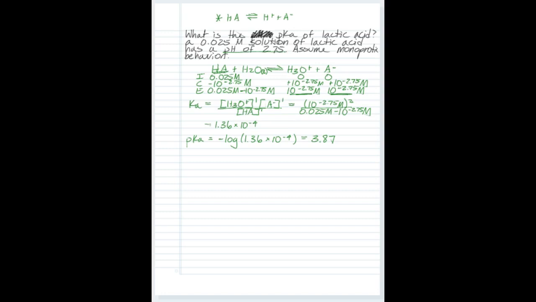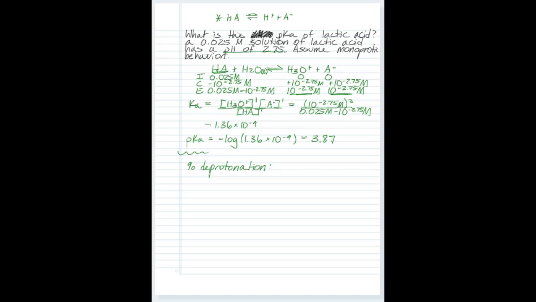Another thing that we can do with this, now that we have our ICE table, is we can determine the percent deprotonation, which can sometimes be useful when you're thinking about an acid. To what extent does that proton come off?